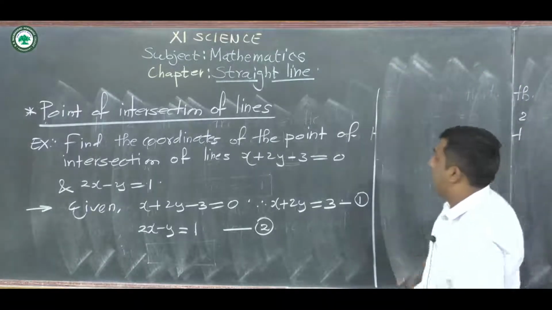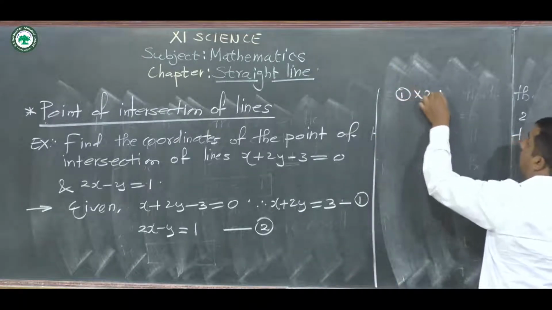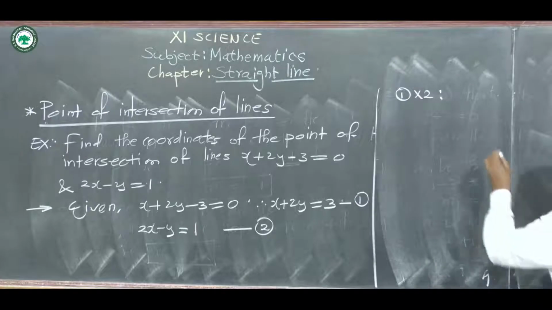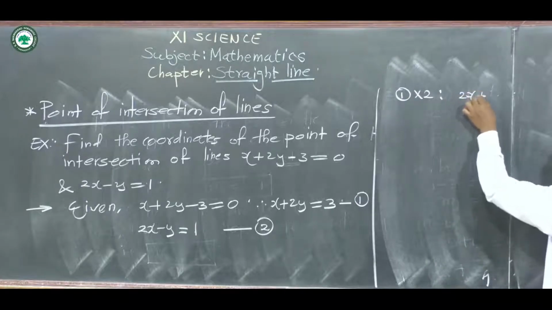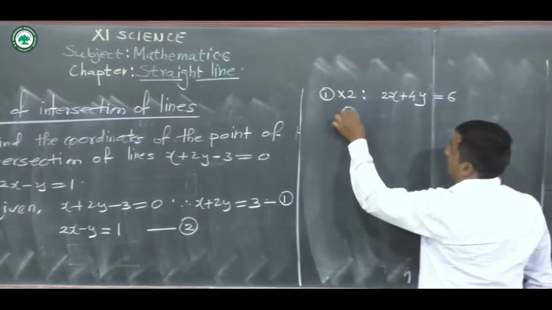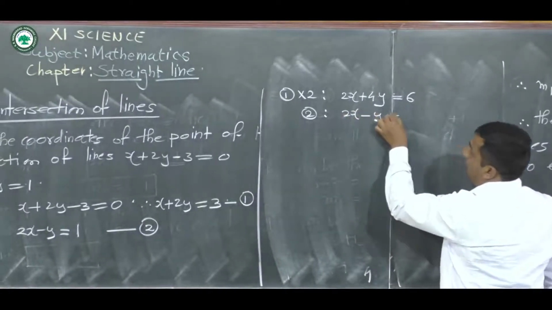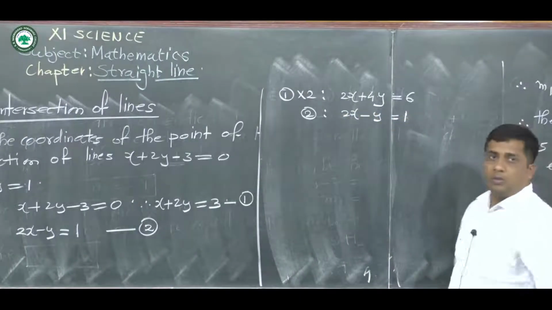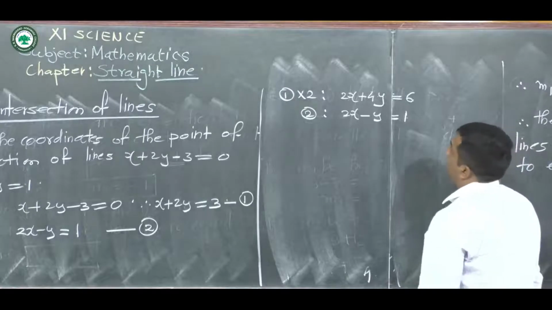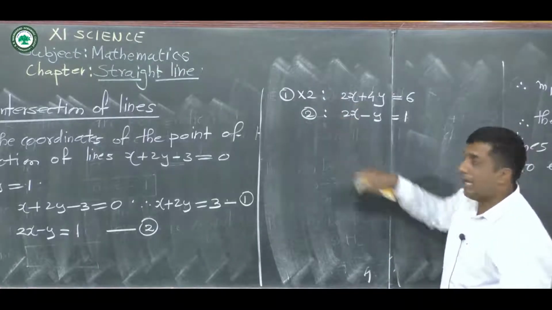Let's multiply the first equation by 2. If we multiply the first by 2, we get 2x plus 4y is equal to 6. Then the second equation as it is, 2x minus y is equal to 1. Let's solve these two, or we subtract second from first one.